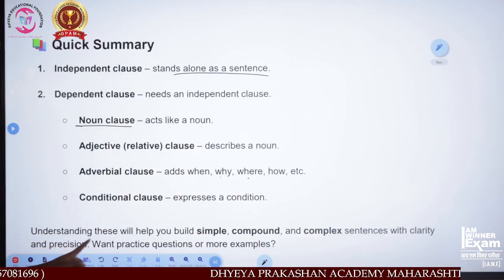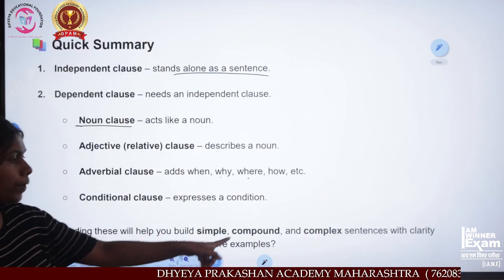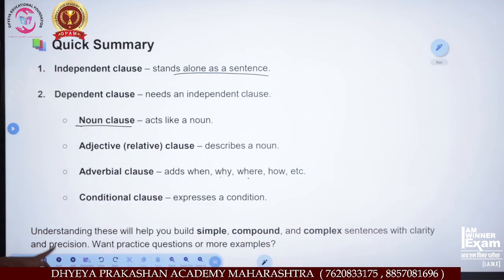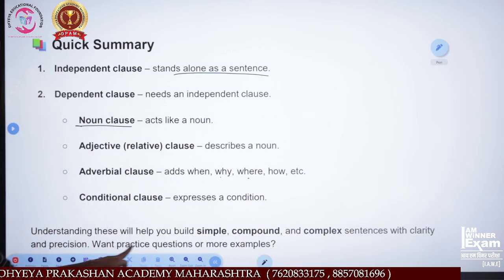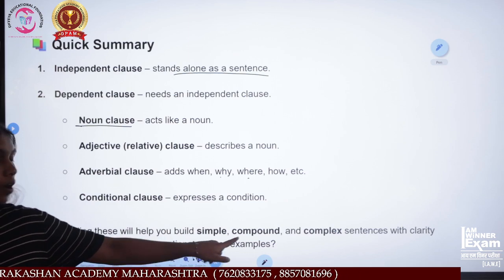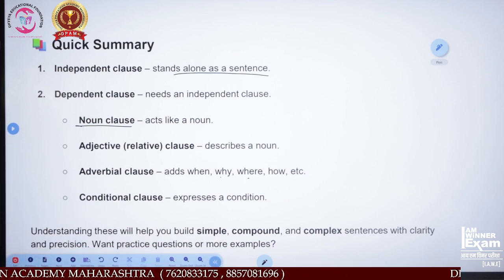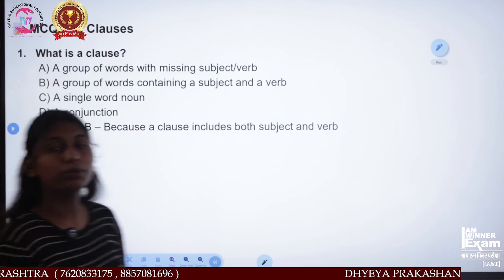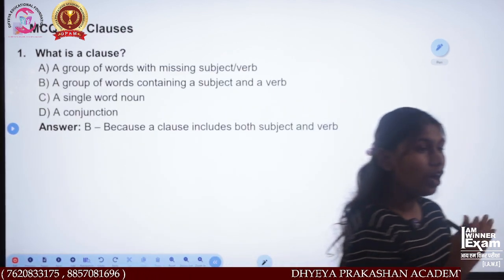Then understanding this will help you build simple, compound and complex sentences with clarity and precision. Want practice questions or more examples? Okay. Then next. So let's start with our MCQs on the clauses.